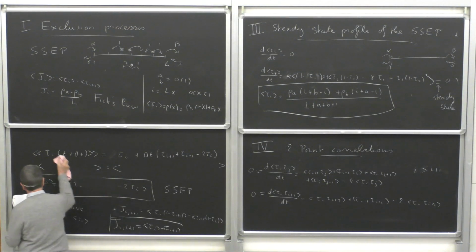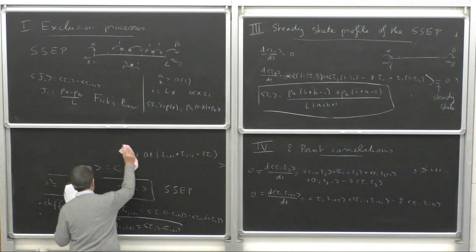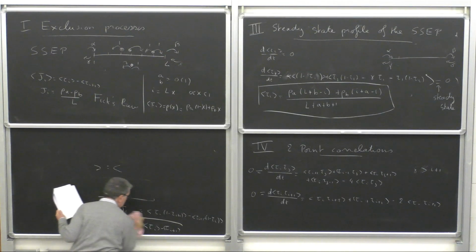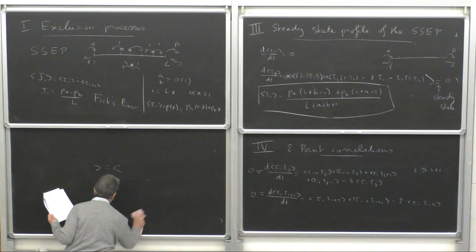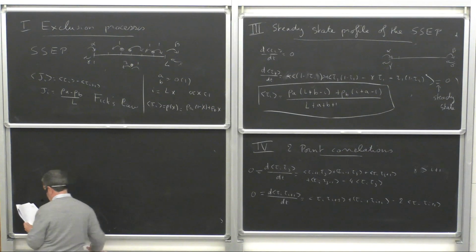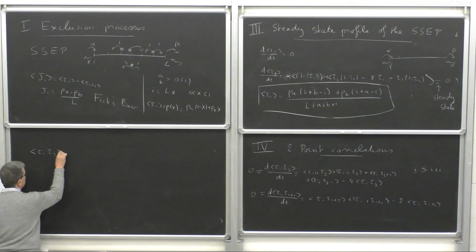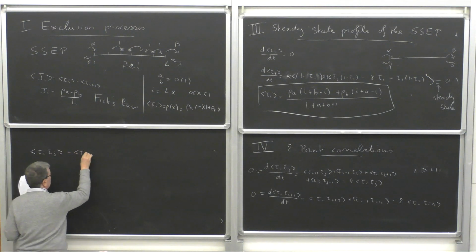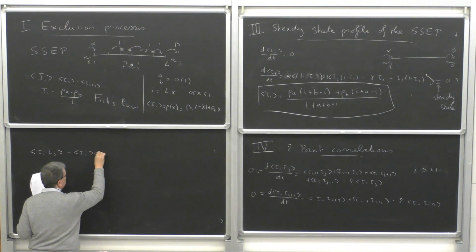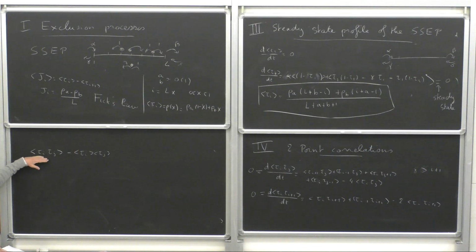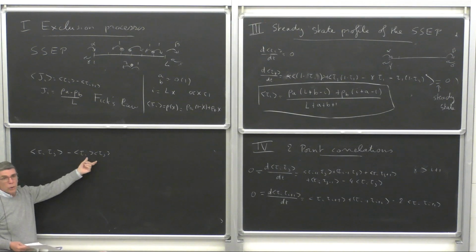Okay, let me write it. So you can think of it as being an exercise. For what I'm going to say next, instead of computing only the correlation function, I want to remove this product here.